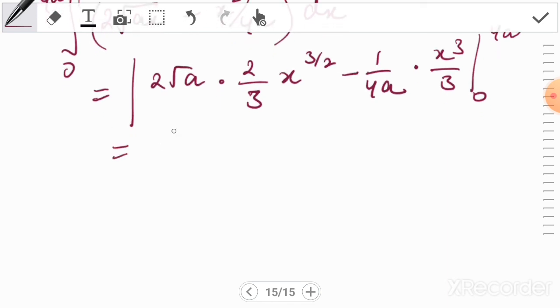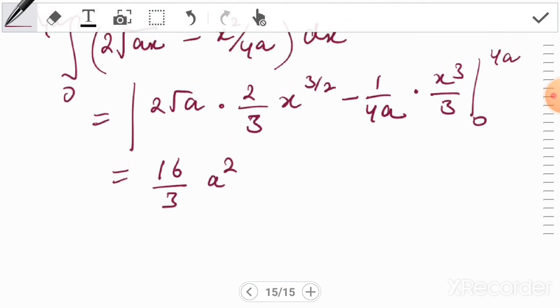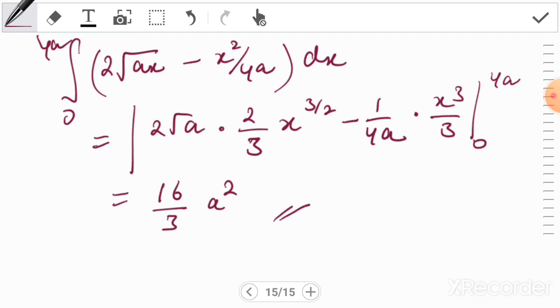Now this reduces to 32 by 3 a square minus 16a square by 3. So this will be the required area between the parabolas y square is equal to 4ax and x square is equal to 4ay.